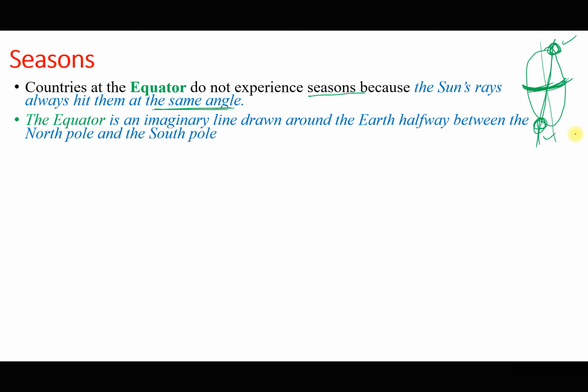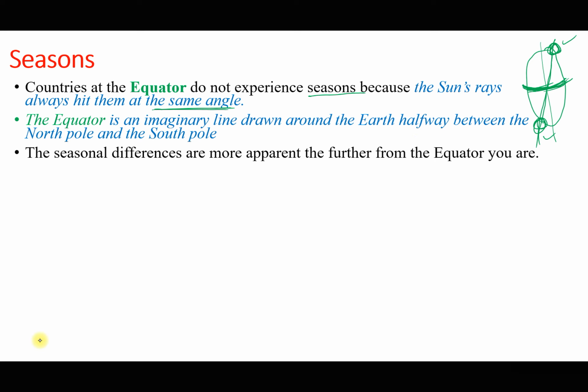So the seasonal differences are more apparent the farther from the equator you are. As you move far away from the equator, the seasons are going to be extremely different because of the different angles at which the sun's rays hit those different places.